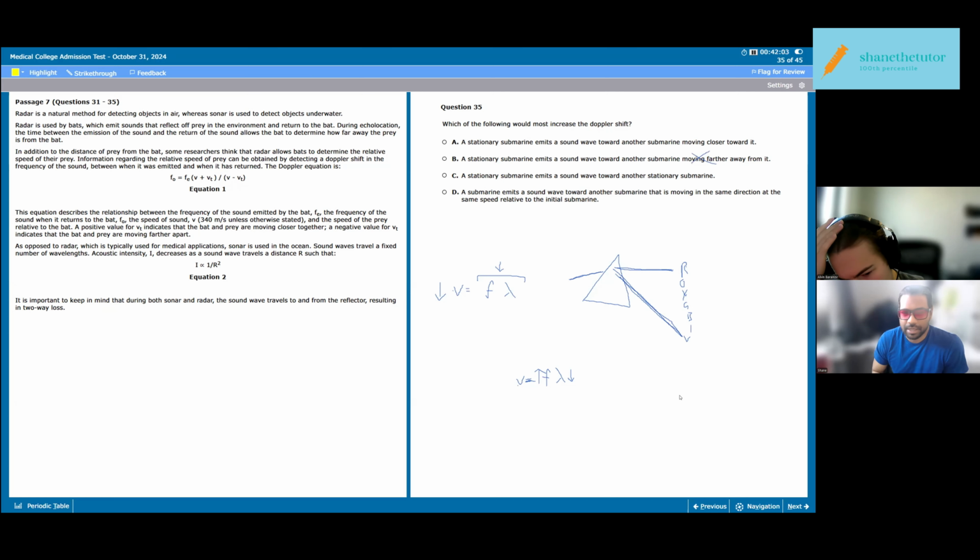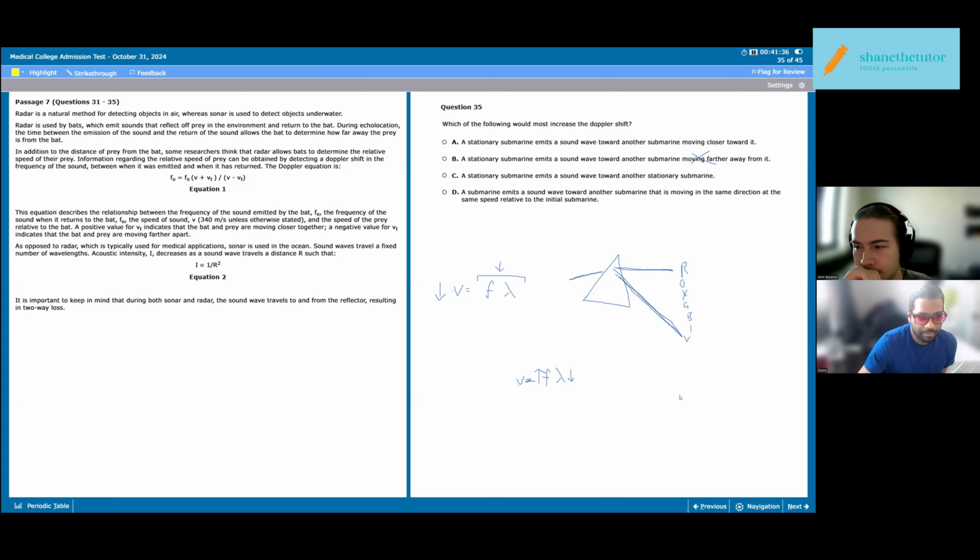Because if things are stationary, the source frequency will be equal to the observed frequency. The only reason the source frequency can be different from the observed frequency is because something's moving. So the Doppler stuff won't work for things that are stationary.